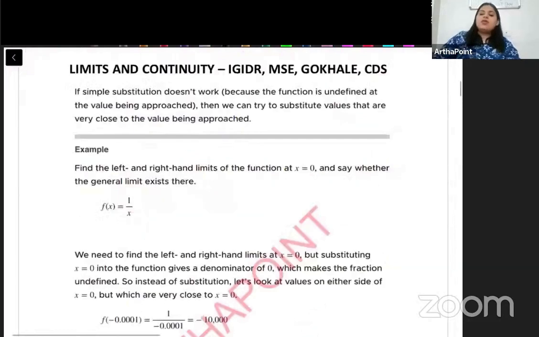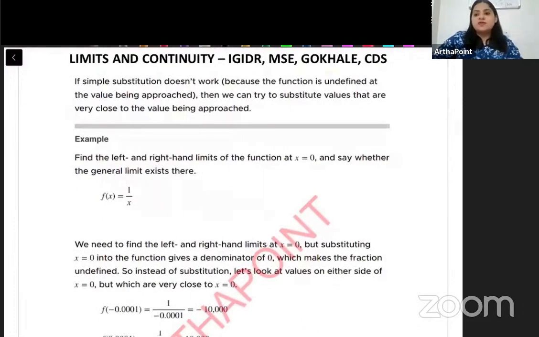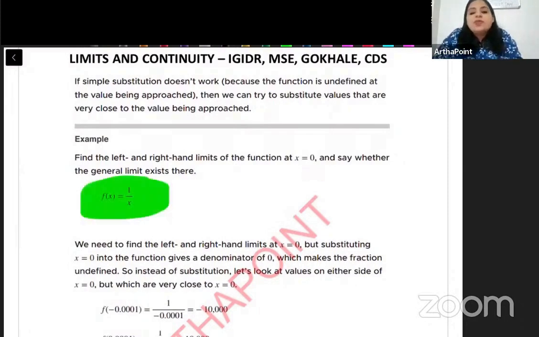Okay. Now let's take this discussion a bit forward and ask what happens to the function 1 by x. This is my function. When you check at x is equal to 0, I will just get 1 by 0. It will be undefined.